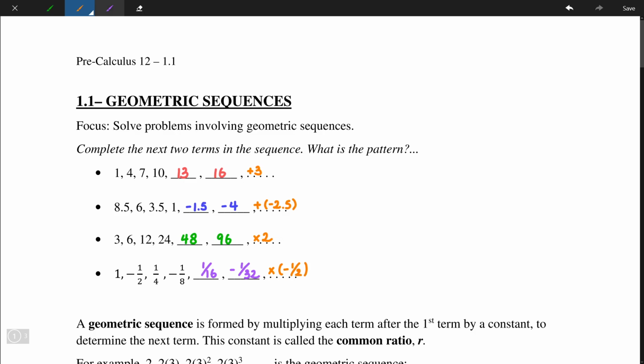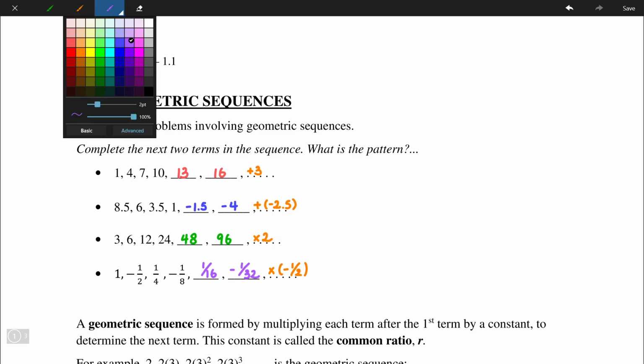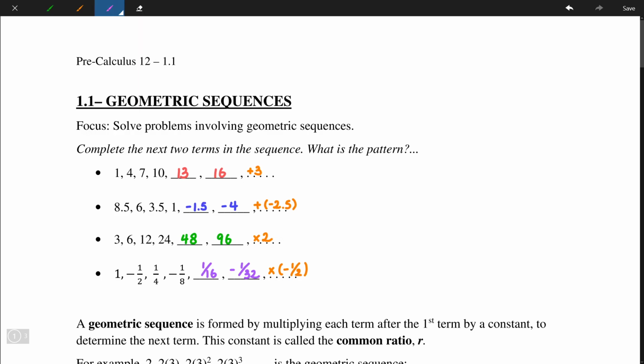So the first two sequences should be more familiar. They are, of course, arithmetic sequences. So there's a common difference between each term.